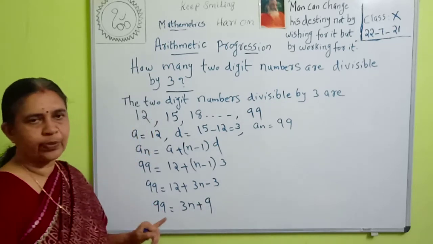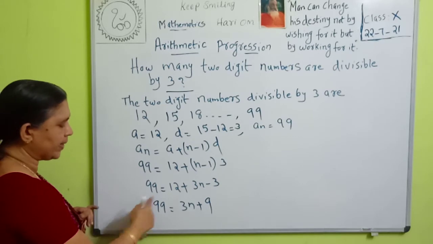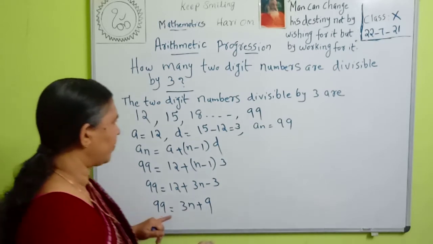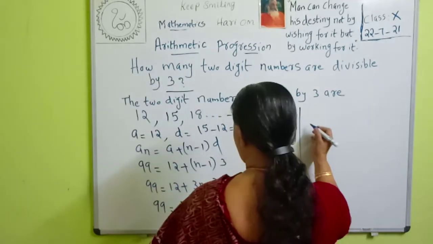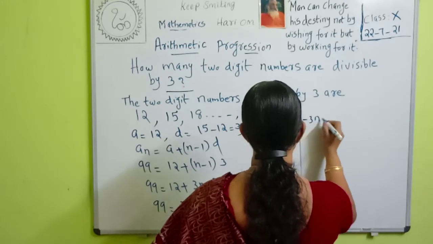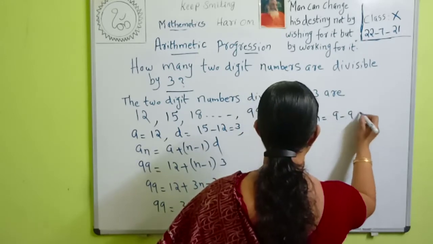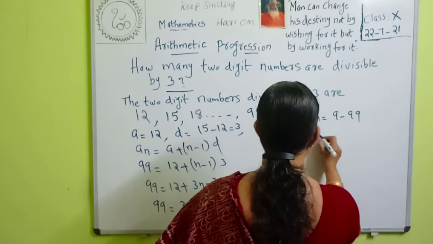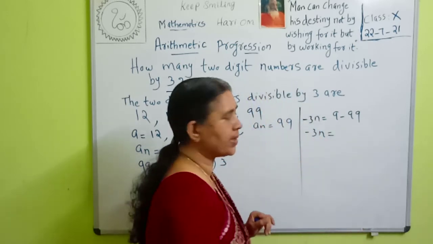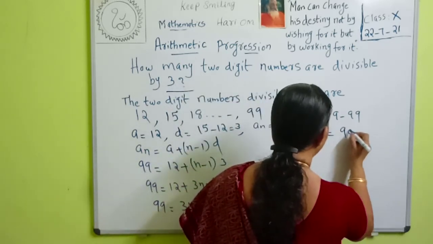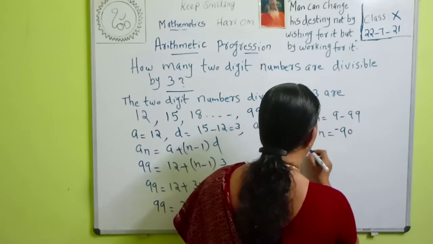Then we can transpose this 3n to the LHS and 99 to the RHS. Therefore minus 3n is equal to 9 minus 99, or minus 3n, 9 minus 99 is minus 90.